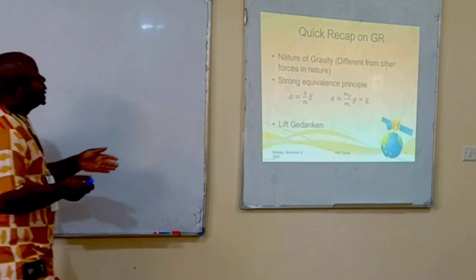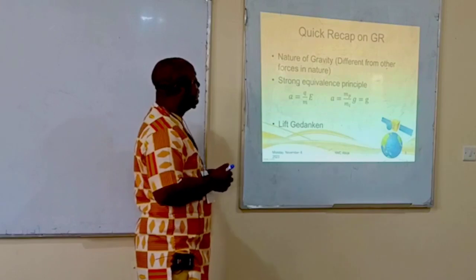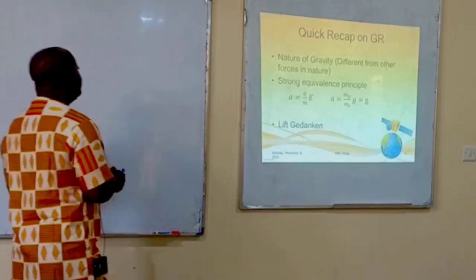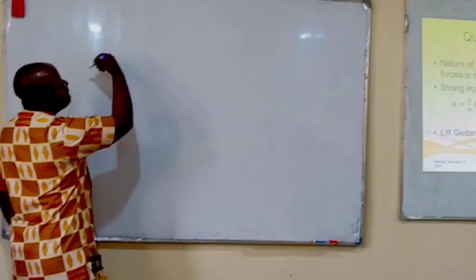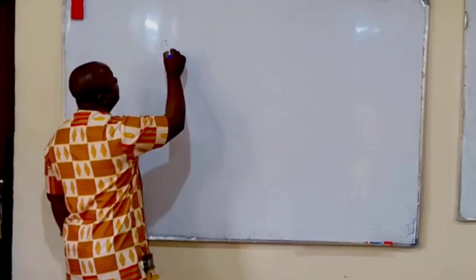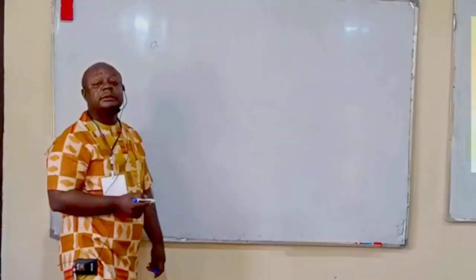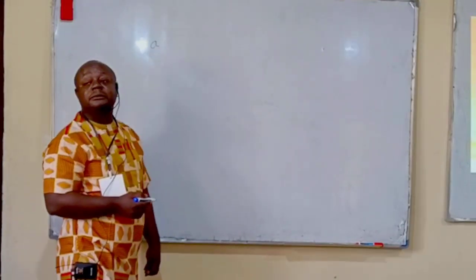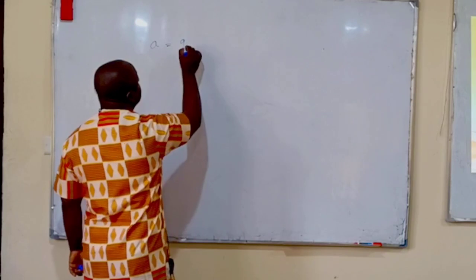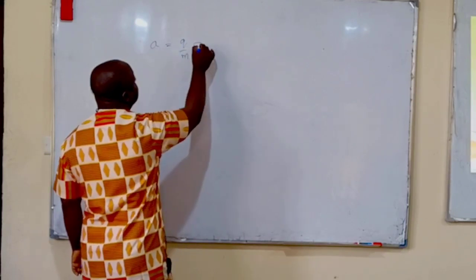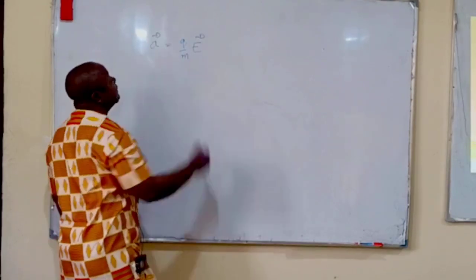And he looked at what we call the strong equivalence principle. In the strong equivalence principle, he first of all appreciated acceleration in an electromagnetic field. An acceleration in an electromagnetic field is given as that. Okay.